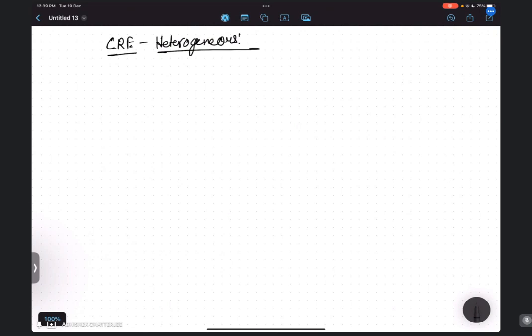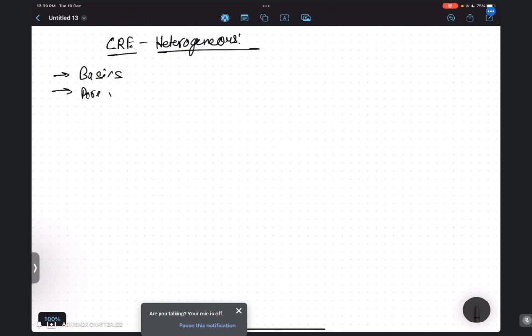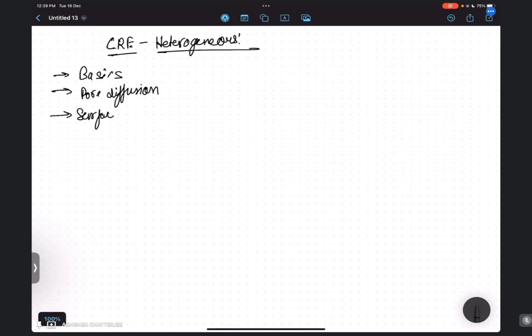ठीक है. So only the last part that was left, that is our heterogeneous part. Okay, so in the heterogeneous part, the things that are there: first is your basics of heterogeneous. The second thing is your pore diffusion. And at last there is surface kinetics.